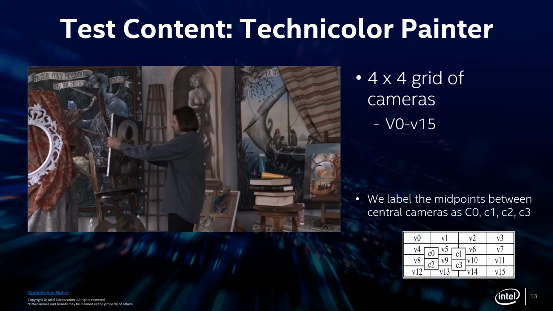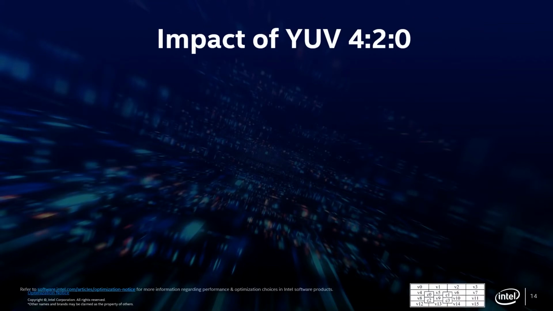So what we did in order to quantify the visual impact of using YUV420 coding, we first generated the 16 MPI stacks using the camera positions in the original cameras. So that gave us MPI stacks in 32 RGB alpha format at V0 through V15.